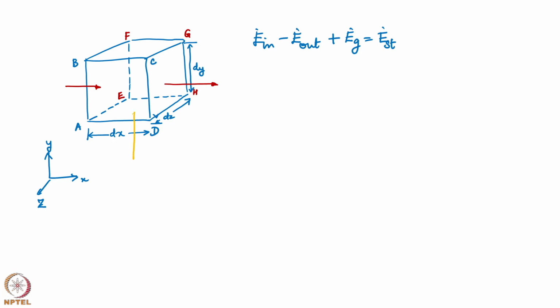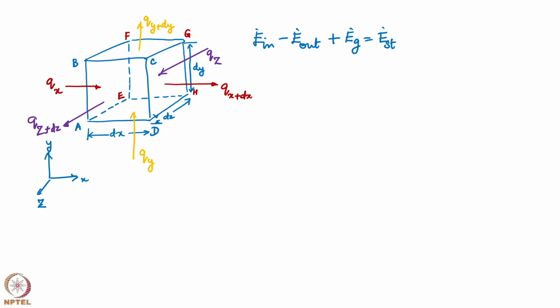This is the second set, this is going upward, q of y plus dy, and if I go back to the third color, which is z, q of z plus dz. Come back to my red, which is q of x plus dx.